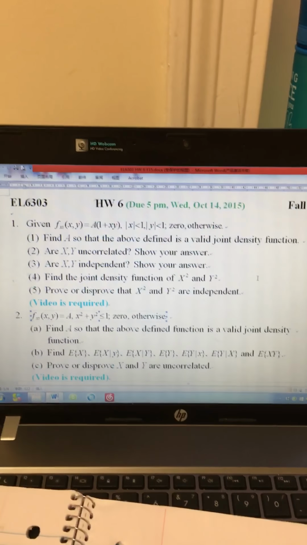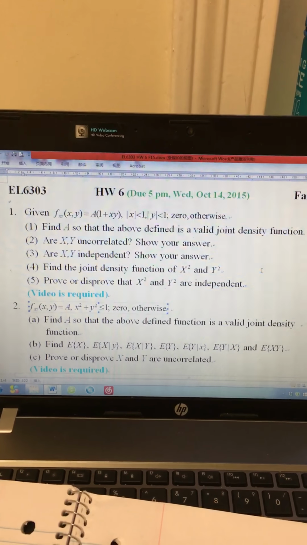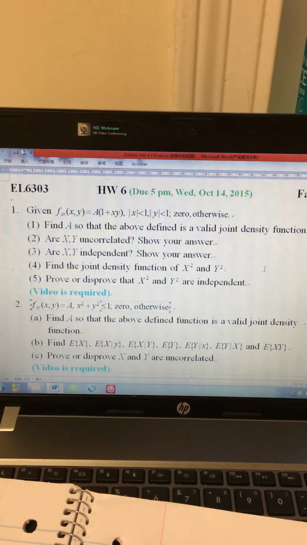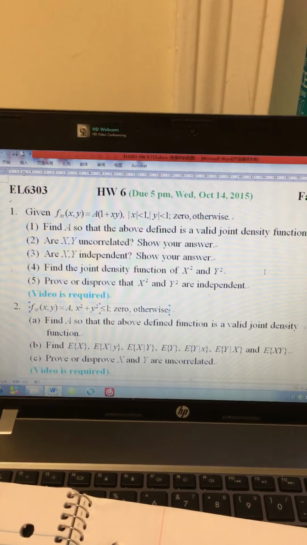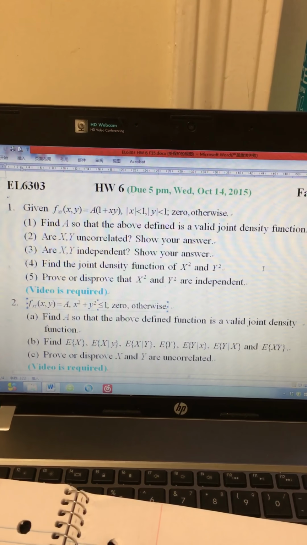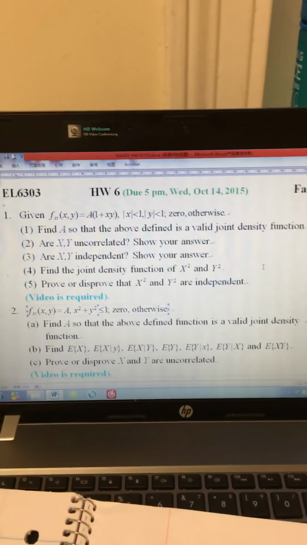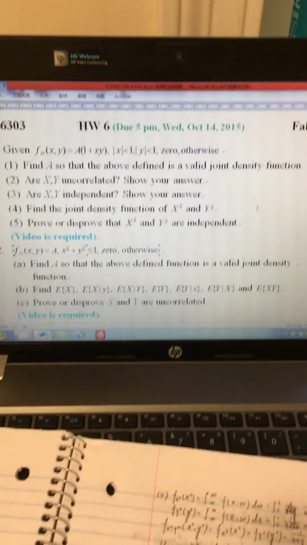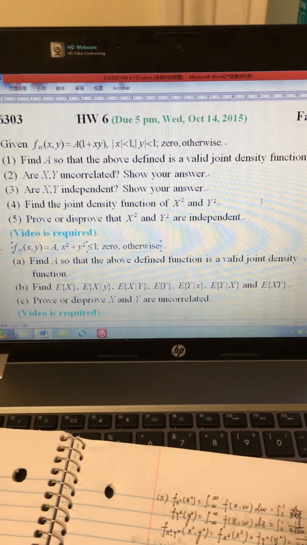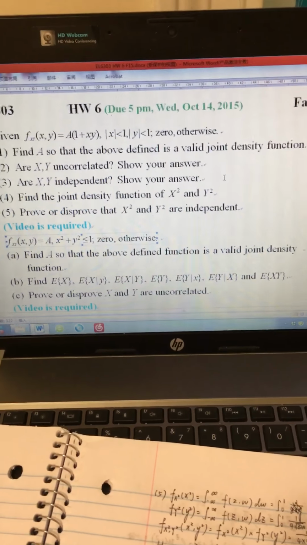Now let's move to the second question. Given the information that f(x,y) equals a when x squared plus y squared is less than or equal to 1 and 0 otherwise. First, find a so that the above defined function is a valid joint density function.